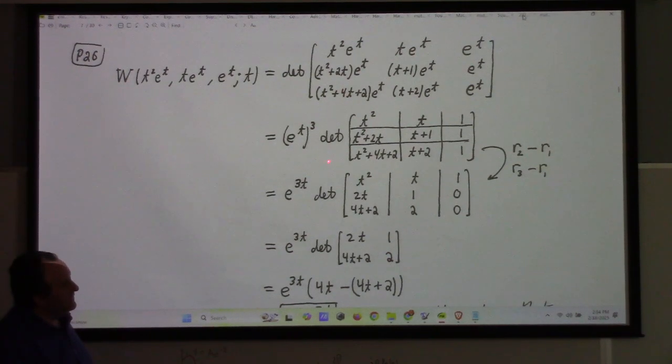Then the other trick, and this is a mighty trick, is that you can do row operations. A row operation is like subtracting row 1 from row 2. So in row 2, I take the original row 2, and I subtract row 1. So t squared, I'm subtracting off the t squared, I subtract off the t. 1 minus 1 is 0, and the same for row 3.